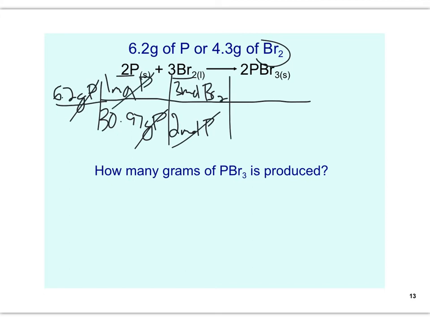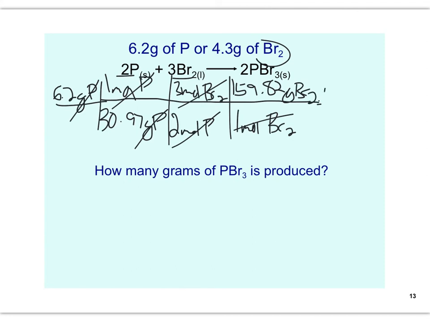And then the last thing is we need to convert to grams. So 1 mole of Br2, 1 bromine is 79.91. So multiply it by 2, and we find that bromine has a molar mass of 159.82 grams. Moles of bromine are going to cancel out, and therefore we find that we would end up needing to use up all 6.2 grams of phosphorus.